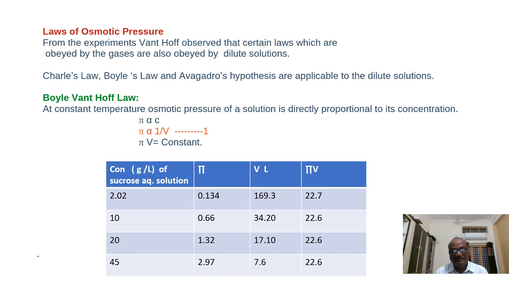The osmotic pressure of a low concentration solution will be less compared to that of a high concentration solution. It was experimentally observed. So pi is directly proportional to C, the concentration of the solution.